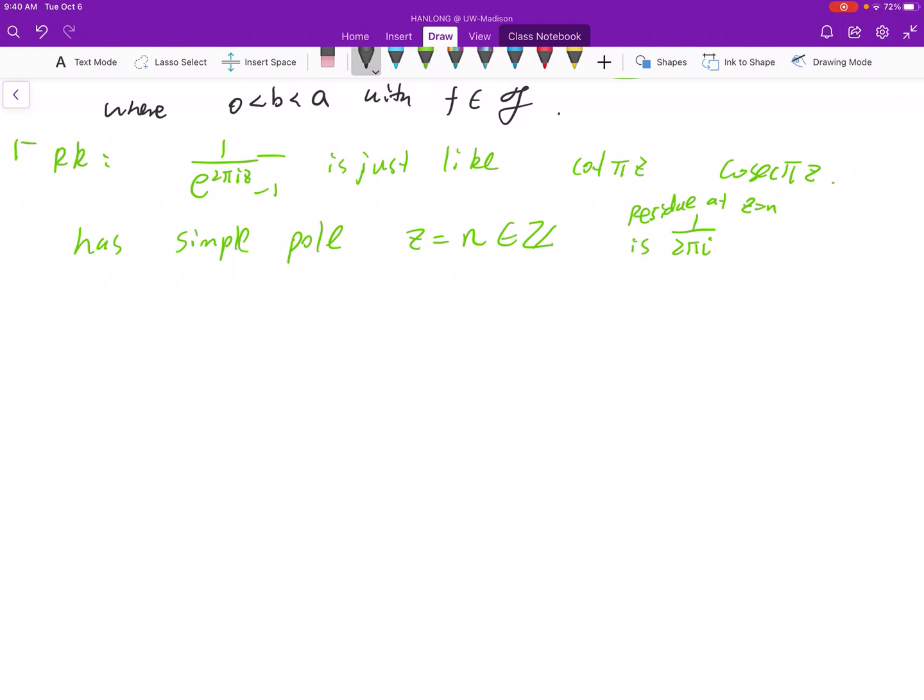So how to see this? You just expand the function near z equals n, plus O of (z minus n) squared.